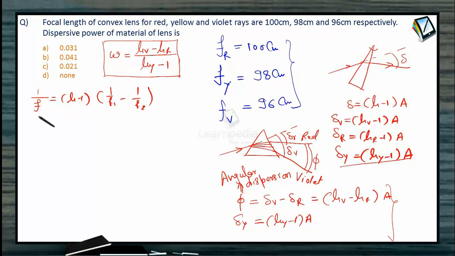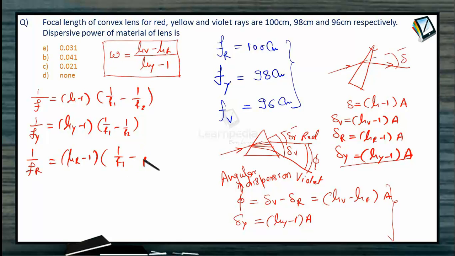So 1 upon f of yellow becomes mu yellow minus 1 into the bracket of 1 upon r1 minus 1 upon r2, and 1 upon f red is equal to mu red minus 1 into 1 upon r1 minus 1 upon r2, and similarly 1 upon f violet is mu violet minus 1 into 1 upon r1 minus 1 upon r2.